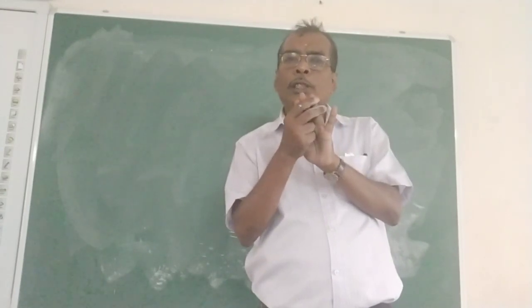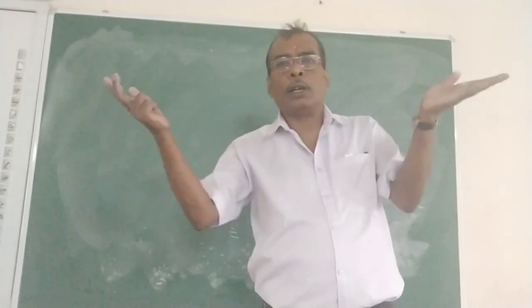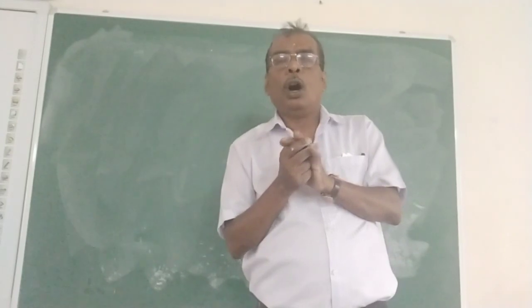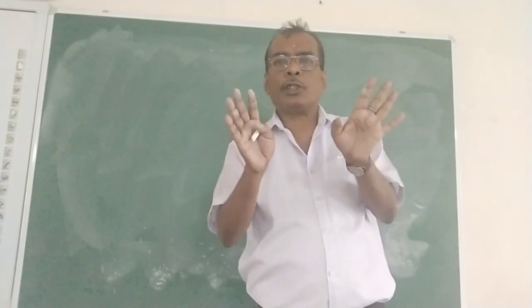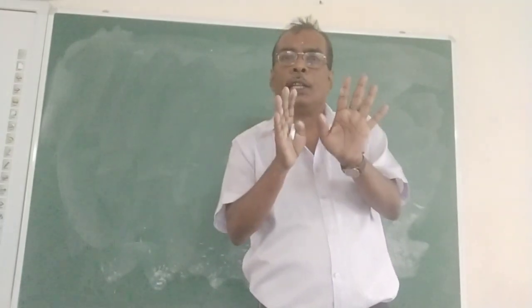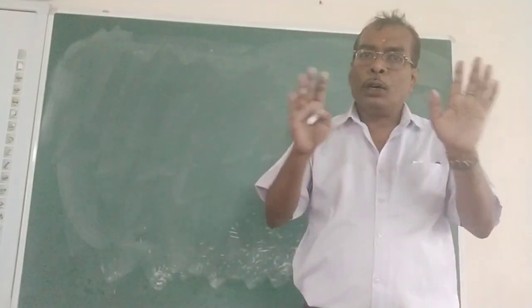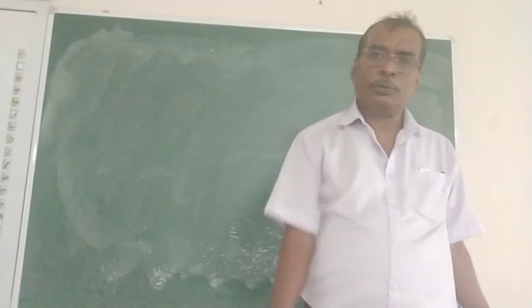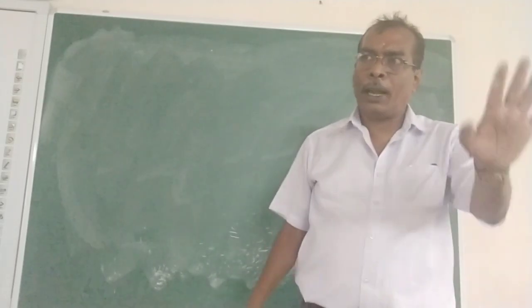If you are able to prove one of these, then you can say that it is a parallelogram. Or in the worst case, if it is not coming, there is a last weapon for proving a parallelogram.